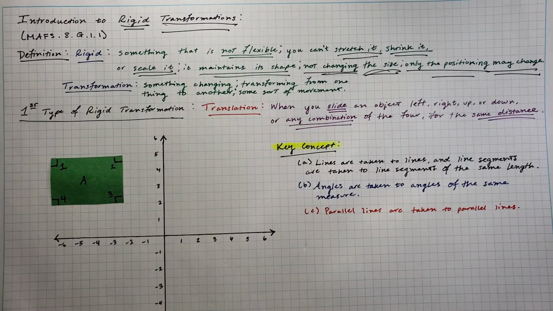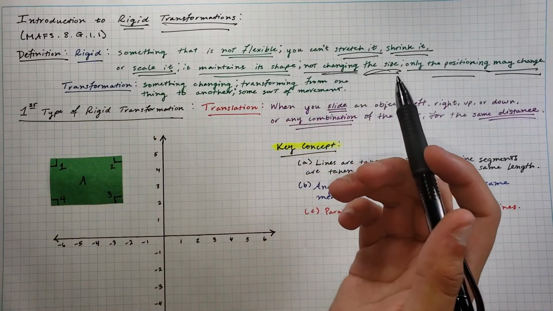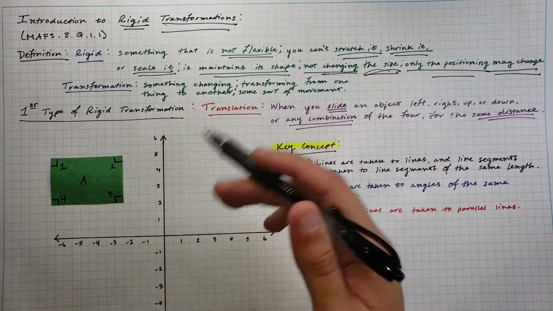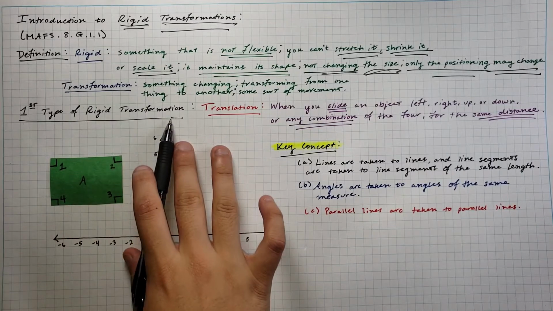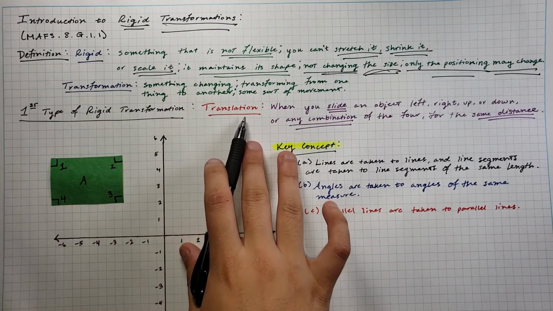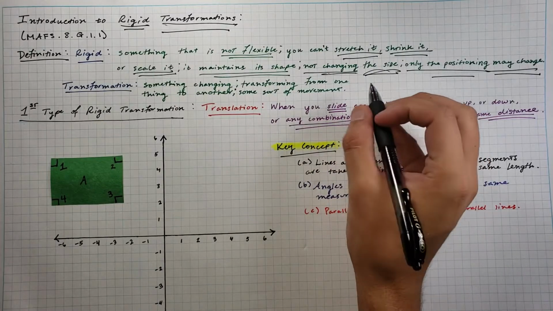Okay, so now we can define transformation. A transformation is just something changing, right? Transforming from one thing to another. It's some sort of movement. All right. The first type of rigid transformation we're going to be looking at is called a translation. A translation is when you slide. Okay, and notice it's strictly slide.